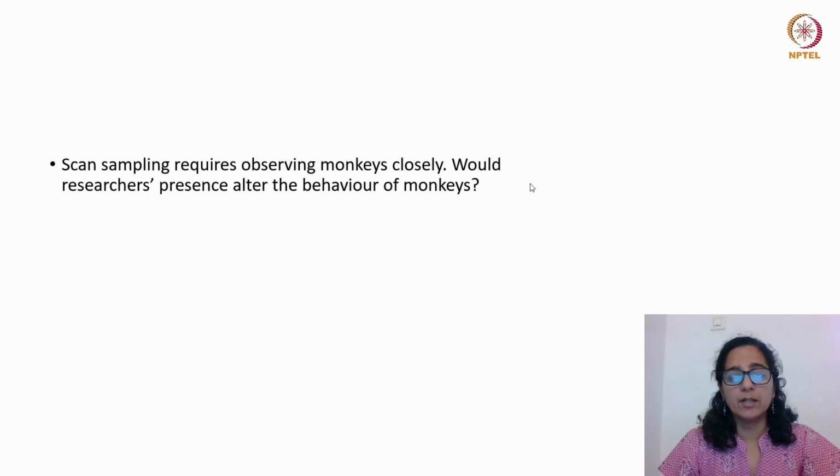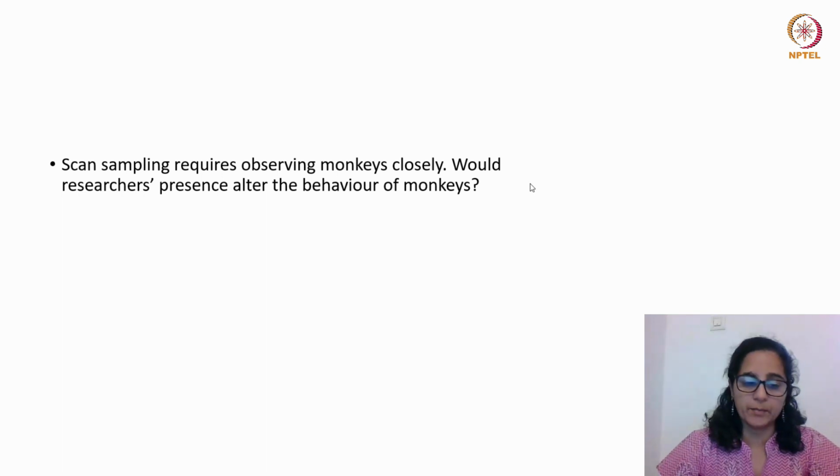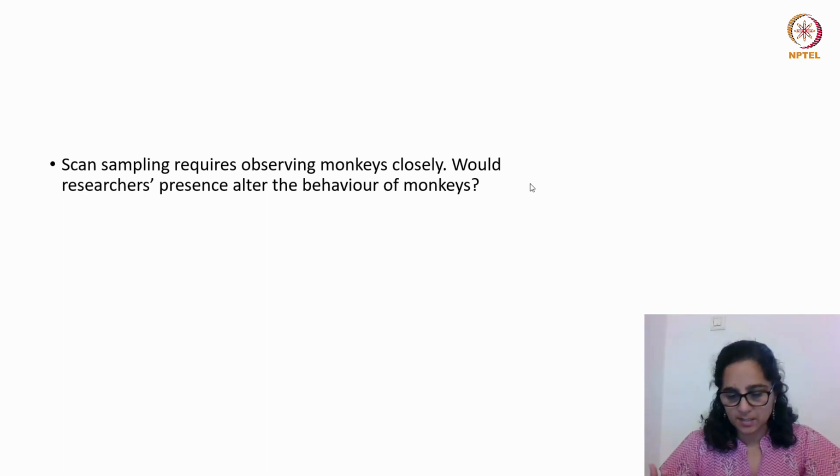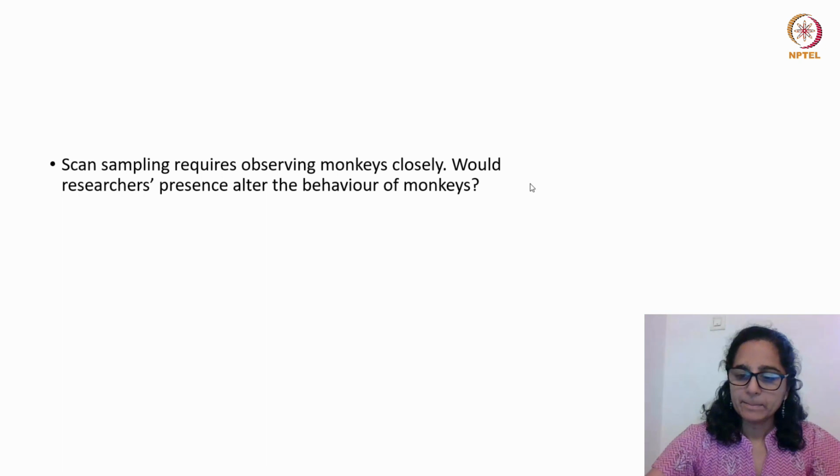So we should be careful that our own behavior doesn't affect monkeys' behavior, and that doesn't affect data collection. Often when we are collecting data, our presence should not alter another animal's behavior, whether it's done in the lab or in the field.